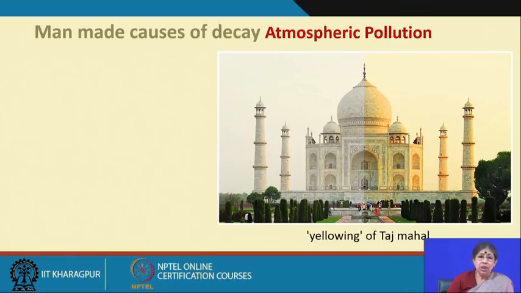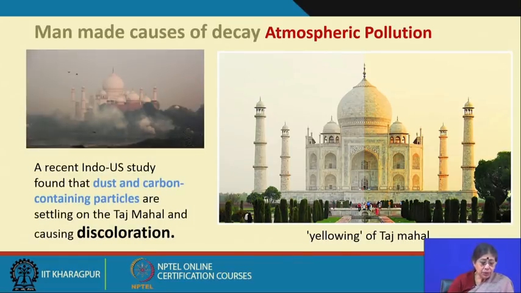One of the very well known cases is the Taj Mahal. All of us are very concerned about the Taj Mahal, because of the yellowing of the Taj Mahal due to this acid rain, where the marble is getting affected. A recent US-Indo study found that dust and carbon-containing particles are settling on the Taj Mahal and causing discoloration, and a massive restoration was going on to remove that discoloration.